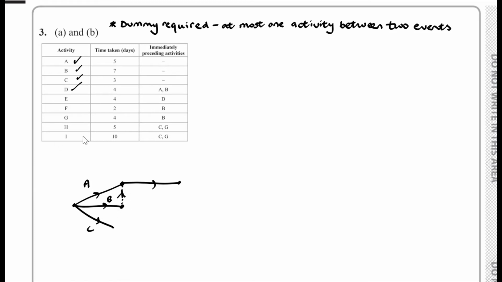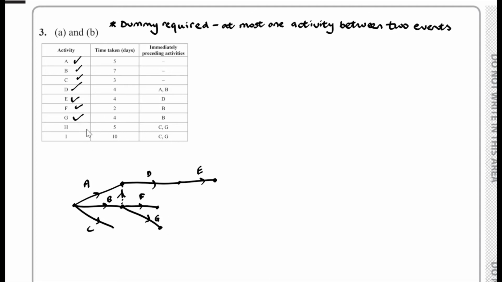So that's D done. If we take a look at E, that depends on D. So we have E over here. If we take a look at activity F, that depends on B. So let's just say F goes over here. That's F completed. And if we look at G, that also depends on B. So let's have G coming out over here.